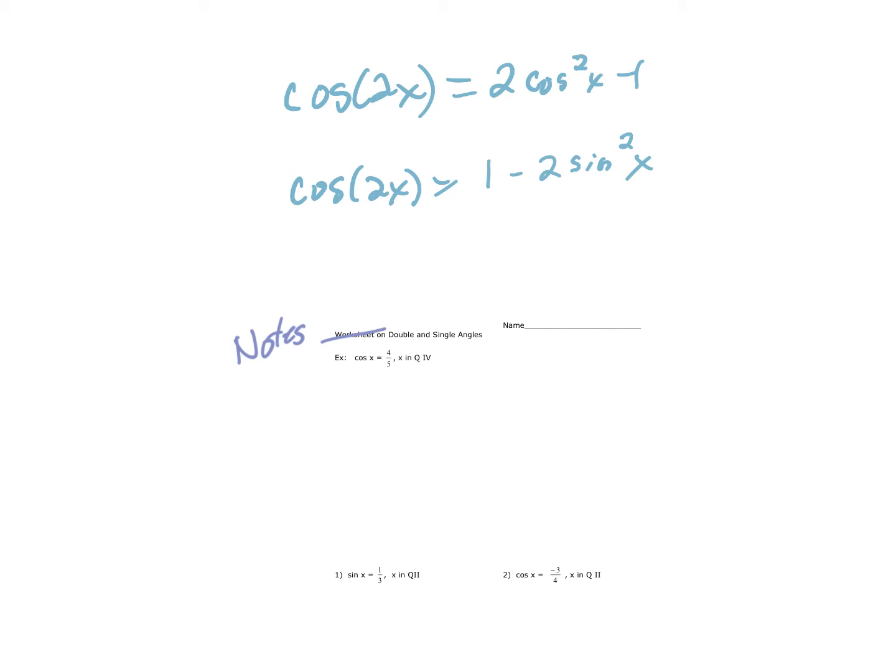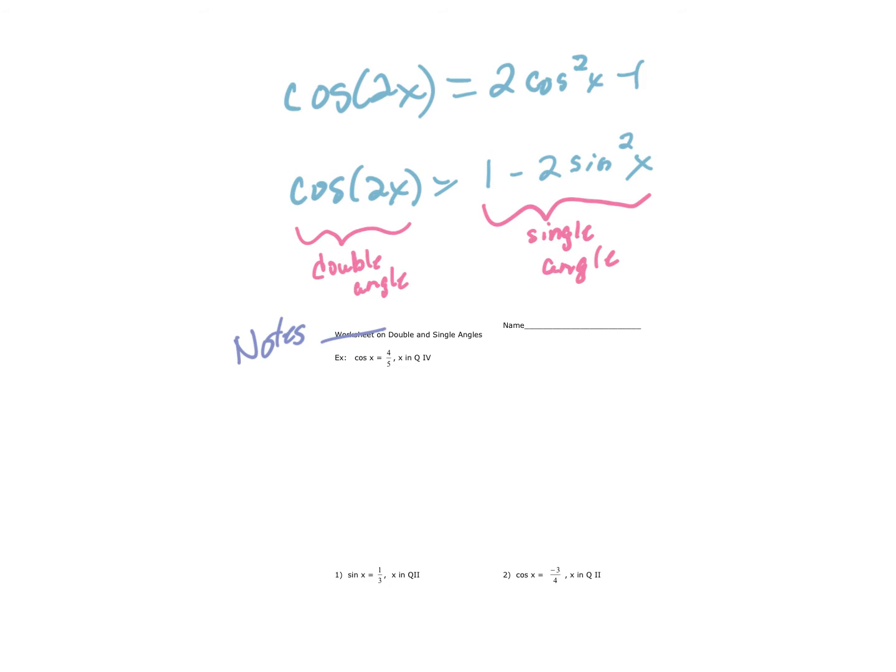Okay. I want you to notice a couple of things about these formulas, these identities. The left-hand side is always only a double angle. And like I said, to simplify things, we're just giving you the cosine of the double angle. On the right-hand side, both of those angle measures are written as a single angle.